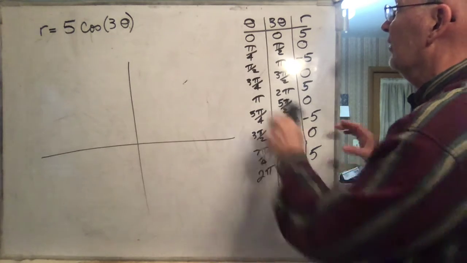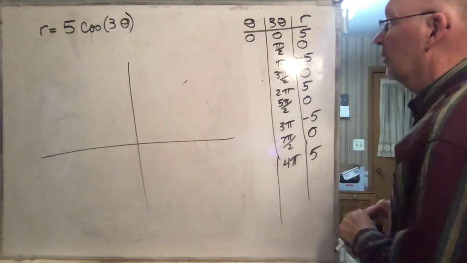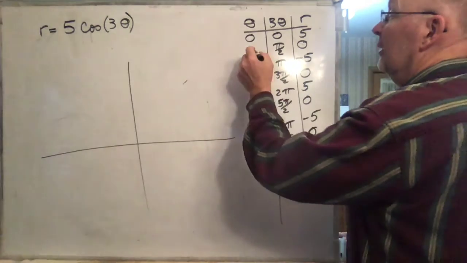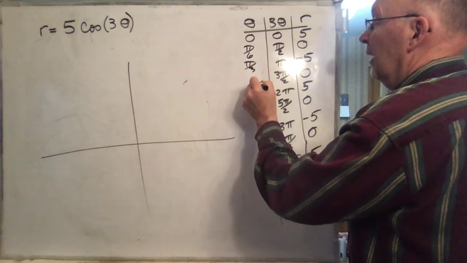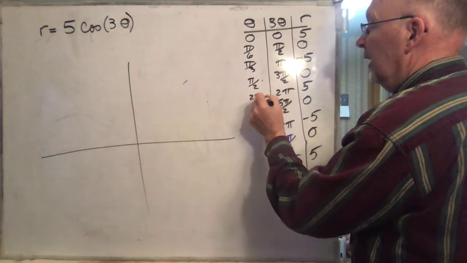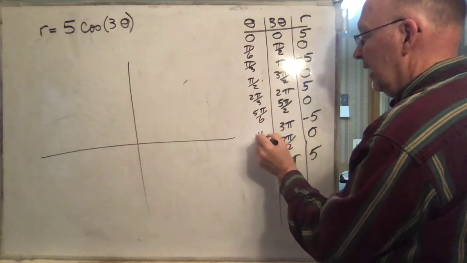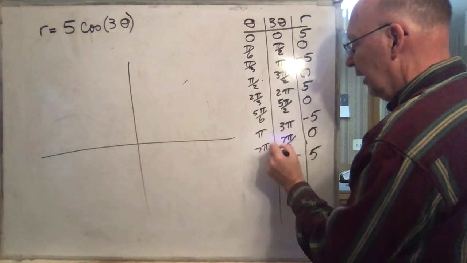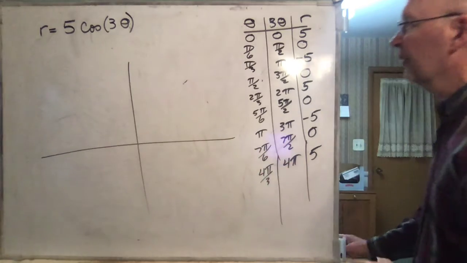And so theta is going to be each of these things divided by 3. Okay? So this is going to be pi over 6, pi over 3, pi over 2, 2 pi over 3, 5 pi over 6, pi, 7 pi over 6, 4 pi over 3. Divide everything through by 3.